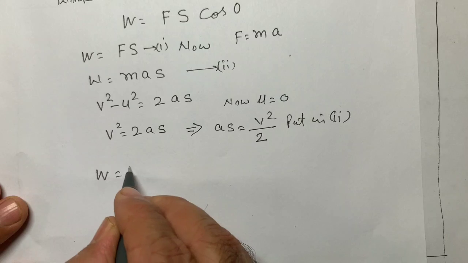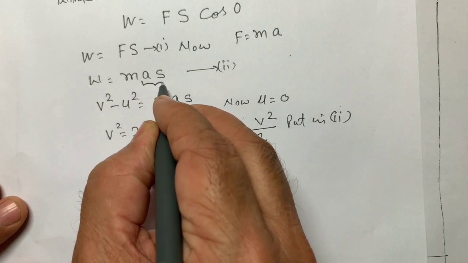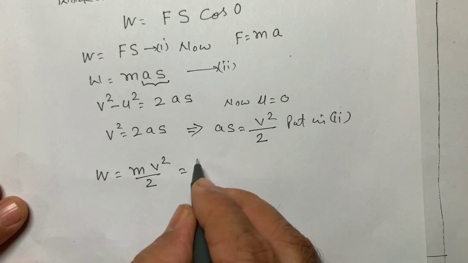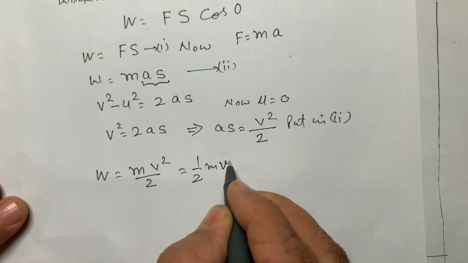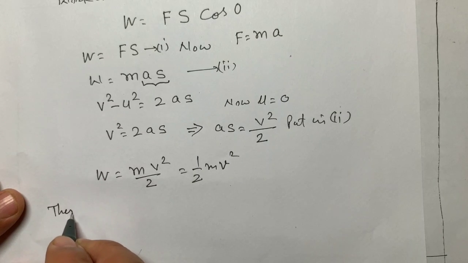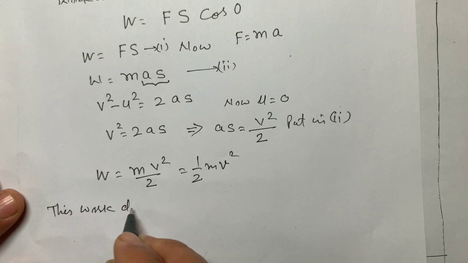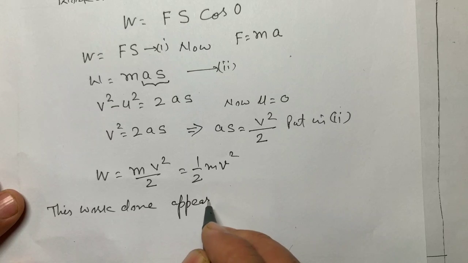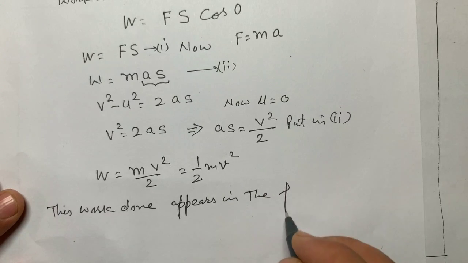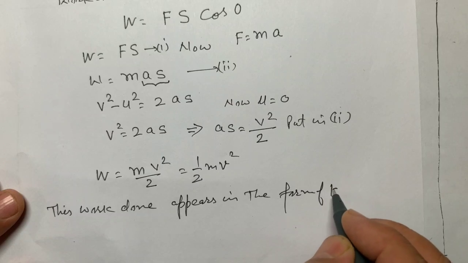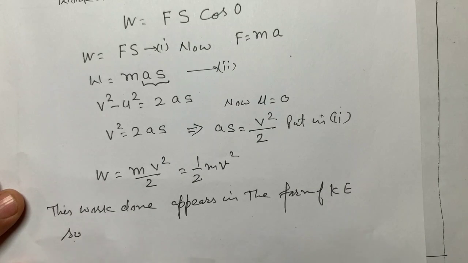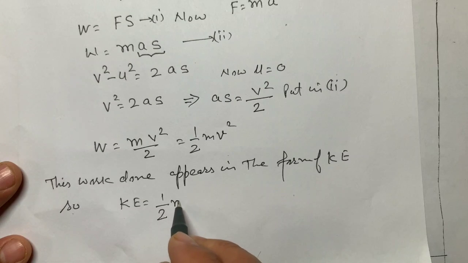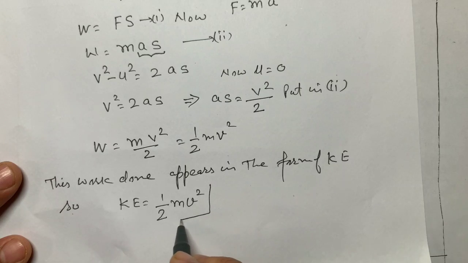W is equal to m into v square by 2, that is equal to half m v square. This work done appears in the form of kinetic energy. So we can say kinetic energy is equal to half m v square.